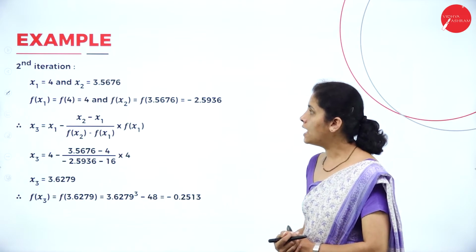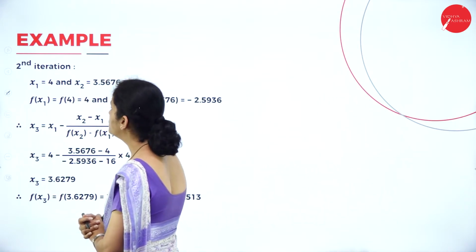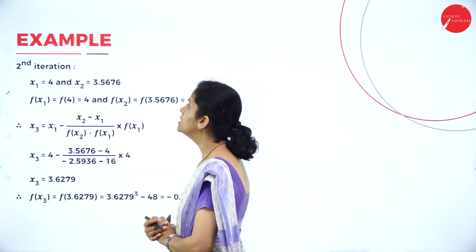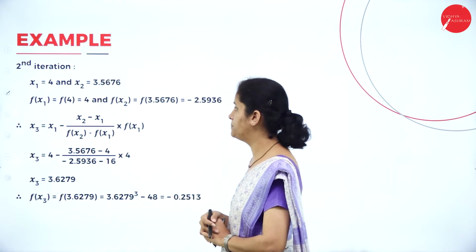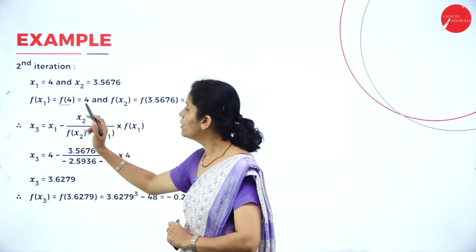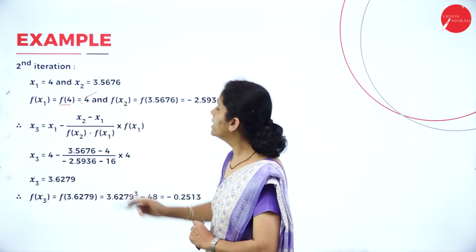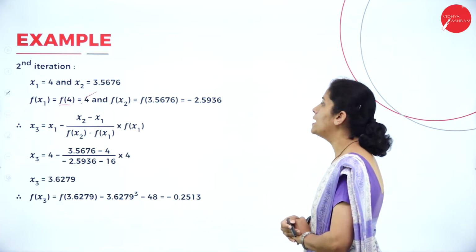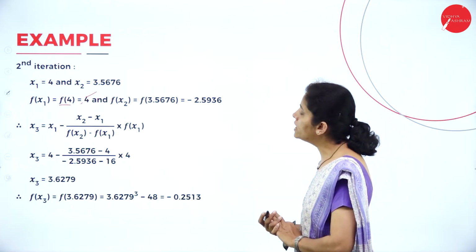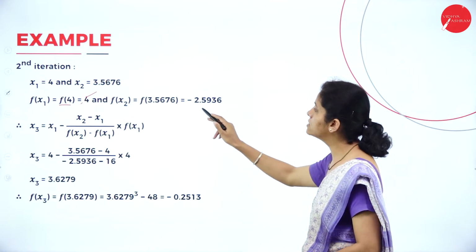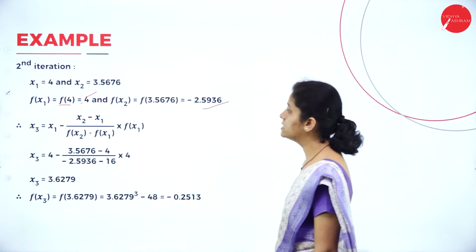Now, in my second iteration, I have x1, that is 4, and x2 is 3.5676. See here, when f of 4, then the answer is 16. When f of x2 is 3.5676, the answer is minus 2.5936.